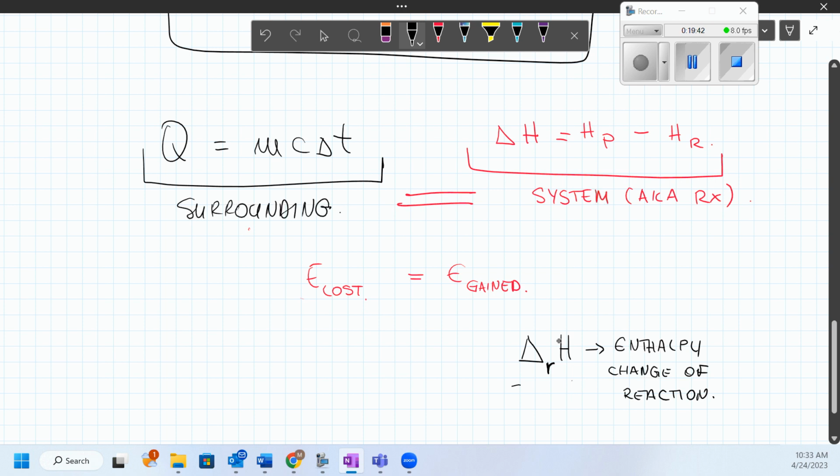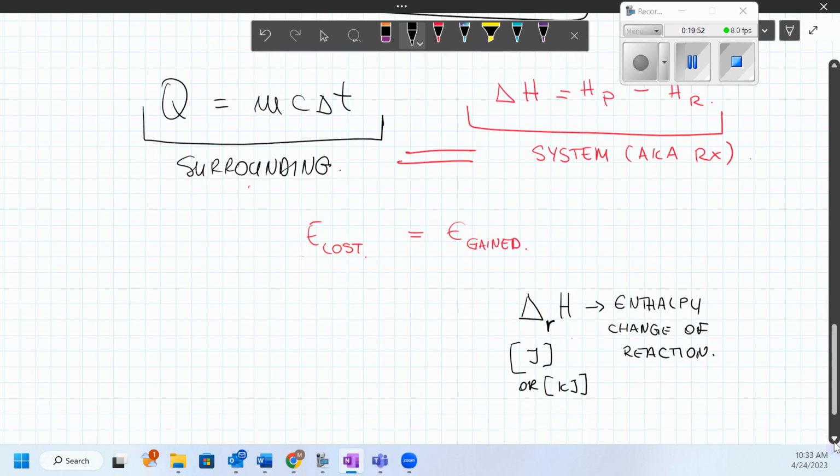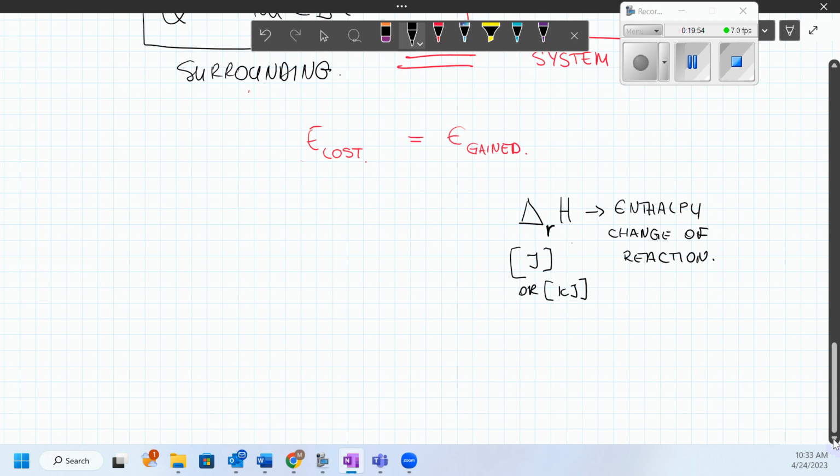And the units for it are either joules or kilojoules, because those are the units of energy. But very often we want to find the change of enthalpy per unit of moles.